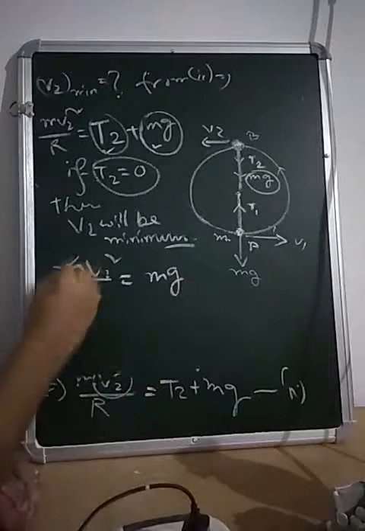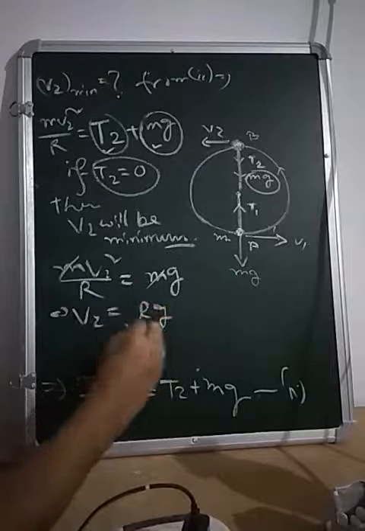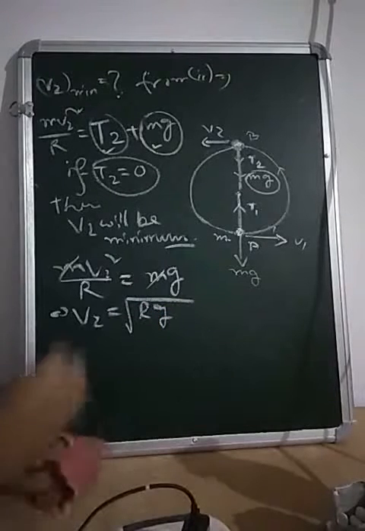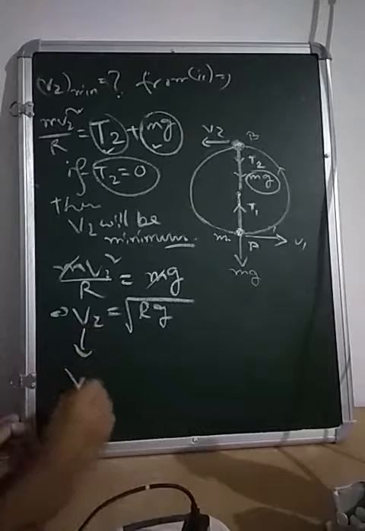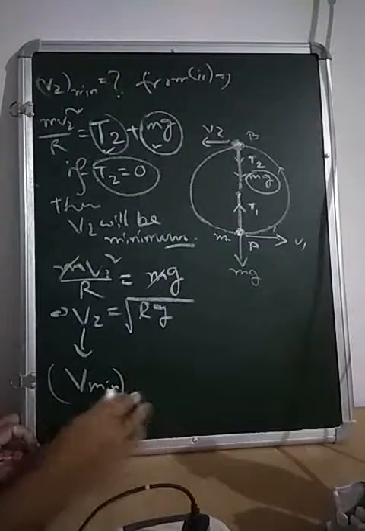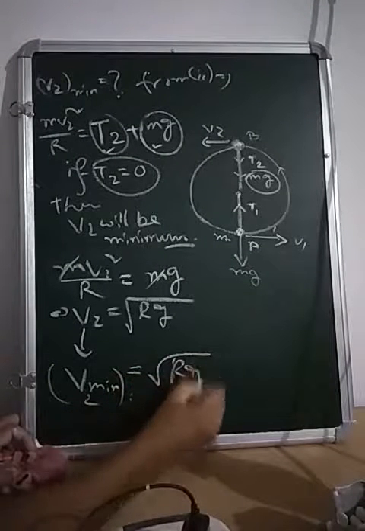The m cancels, so V2 square is rg, and V2 minimum will be root over rg.